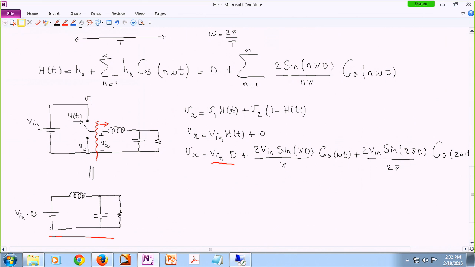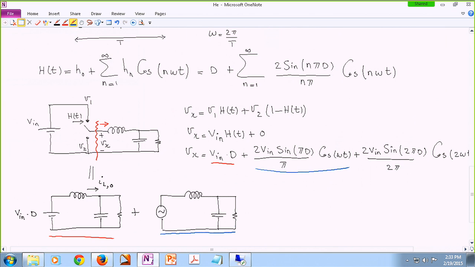This is going to give me some current waveform, which is the DC component of the inductor current. Then I add that response to a system that is excited by a sinusoidal source, and that is basically this term.